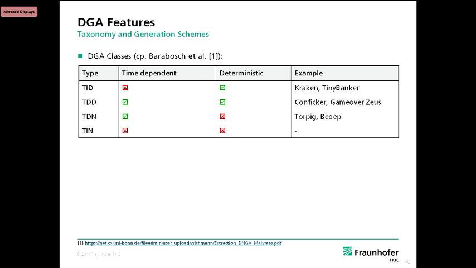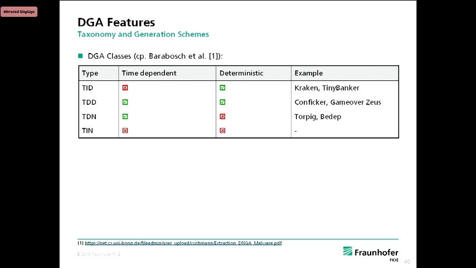The last example, being non-time dependent and non-deterministic, I didn't observe anything for that one yet. One scenario that you can think of is a malware that scrapes information from the system that it's running on, sending that to the botmaster, and in that way sharing information that's not visible to the outside. Not seen so far.